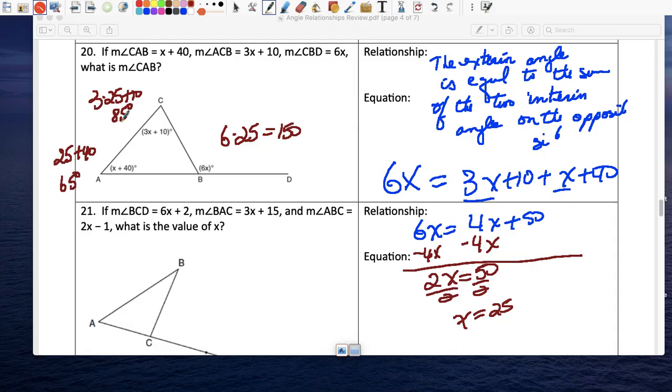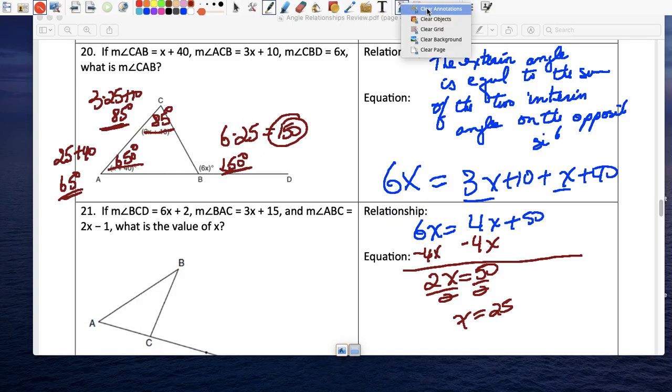So 65 plus 85 equals 150, because this measures 150 degrees, this measures 85 degrees, and this measures 65 degrees. Remember what we said? The sum of this guy and this guy is equal to that exterior angle. And it does, so we are good.